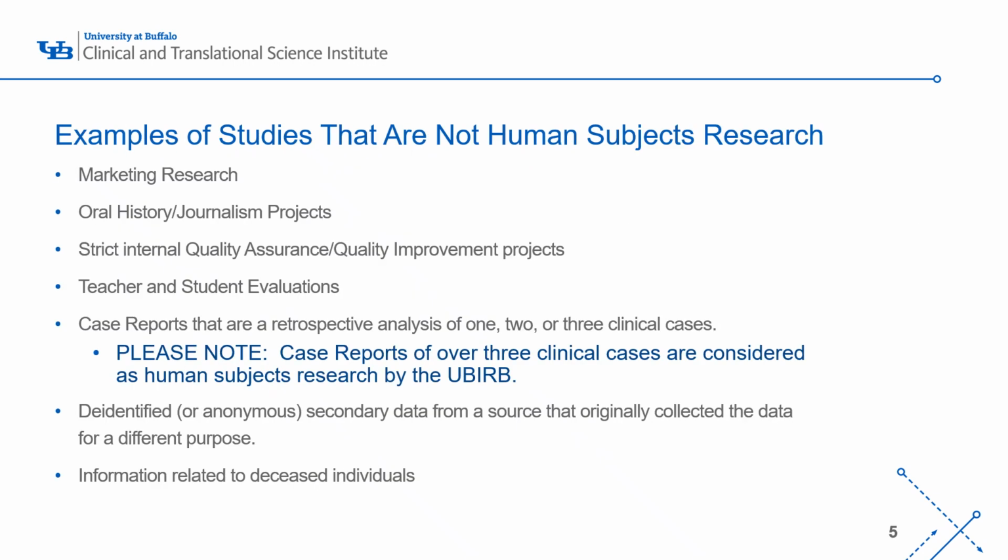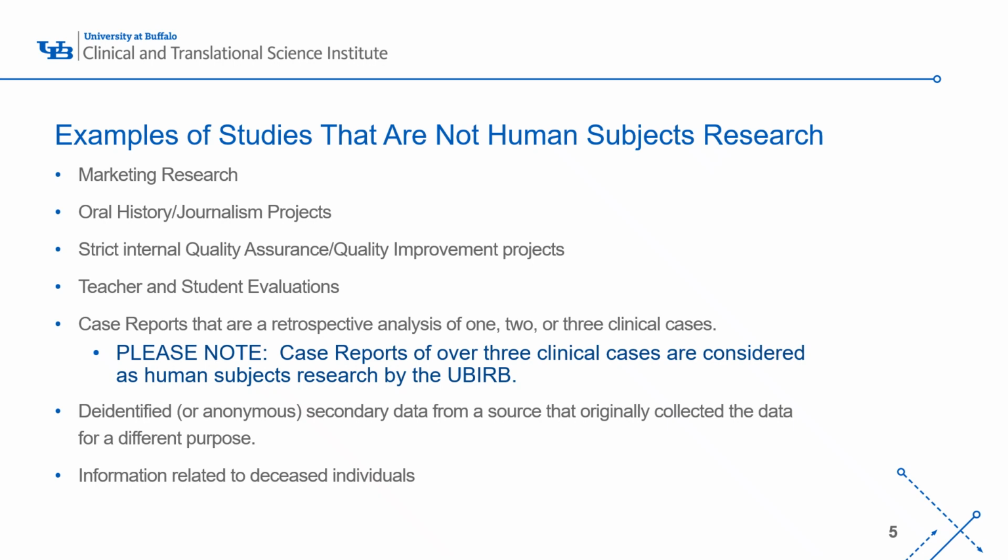Some examples of studies that are not human subjects research include marketing research, journalism or oral history projects, internal quality assurance or quality improvement projects, which are probably the most common types of not human subjects research that we see at the university, teacher and student evaluations, case reports that are a retrospective analysis of 1, 2, or 3 clinical cases, de-identified or anonymous secondary data from a source that originally collected the data for a different purpose, or information related to deceased individuals.